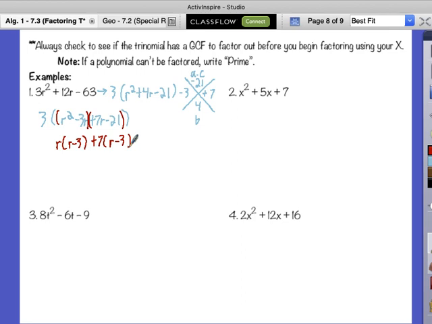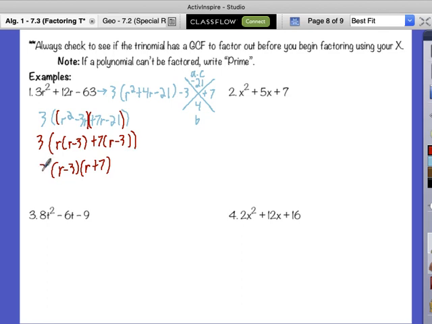That's good. What did I forget? The 3, right? Put another set of parentheses and put this 3 out in front. But everything else was the same, wasn't it? I just had to remember to bring along the 3 because we had it to start. Now, with this r minus 3, I can pull those in front, and I can put the r plus 7 in our next parenthesis. And what can't I forget?